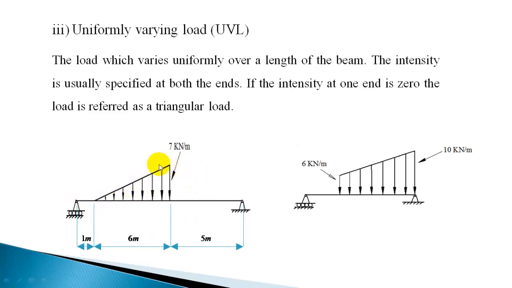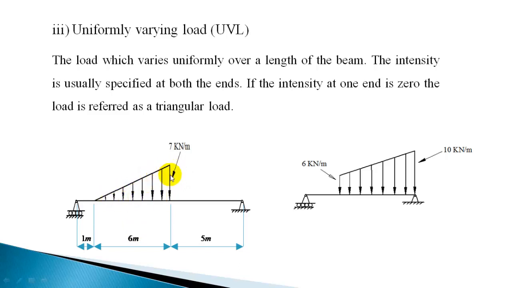Now when it is a UDL, you replace the load at the center, but in this case the major part of the load is concentrated here. So the resultant load will be nearer to this major intensity, somewhere nearer to this end. So what is the location? To calculate the load, you calculate the area of this triangle: 7 into 6 divided by 2.